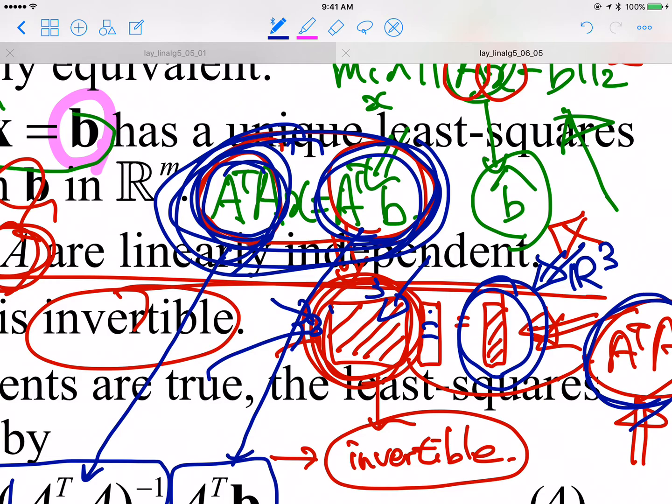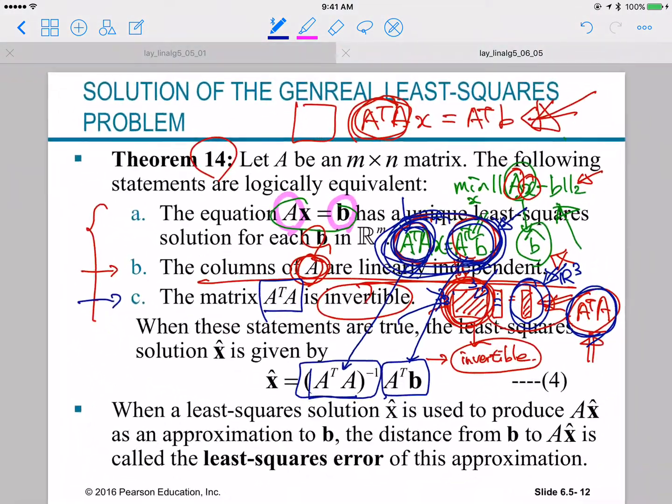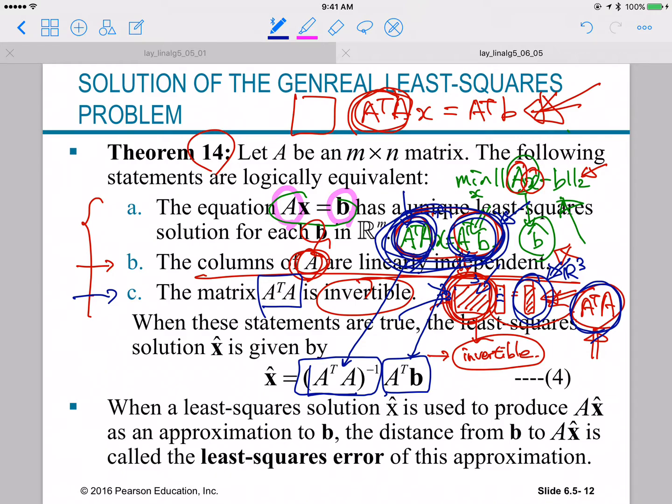I'm not going to prove it, but this is something you can think about: why should A transpose B always be in the column space of our new matrix A transpose A. This is a little bit outside of theorem 14, but anyway, that is theorem 14.